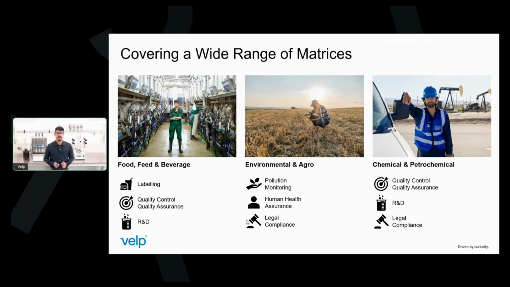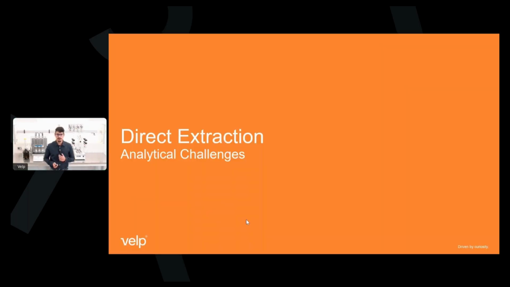Lastly, the chemical and petrochemical industry. In this case, solvent extraction is important, for example, in industries such as plastics, textiles, pulp and paper, and so on. Also in this case, in most cases for quality control, quality assurance, and in particular for the separation and purification of different compounds, ensuring that our final products meet the required specifications.